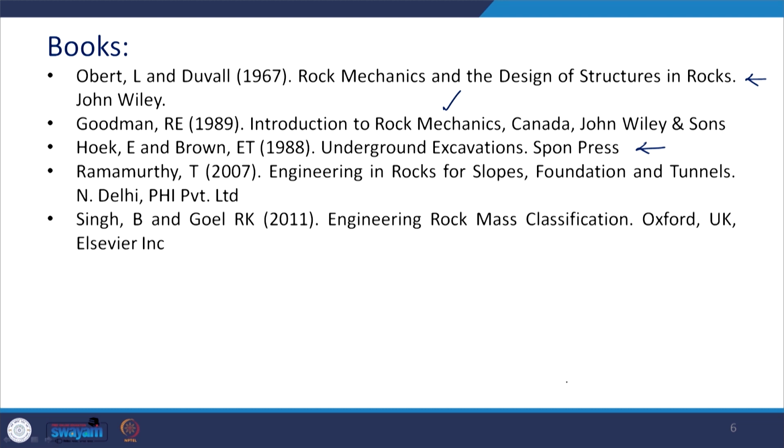Then one of the basic books on rock engineering and rock mechanics is by Ramamurthy, that is Engineering in Rocks for Slopes, Foundations and Tunnels. And then the book which deals with engineering rock mass classification is by Singh and Goel.